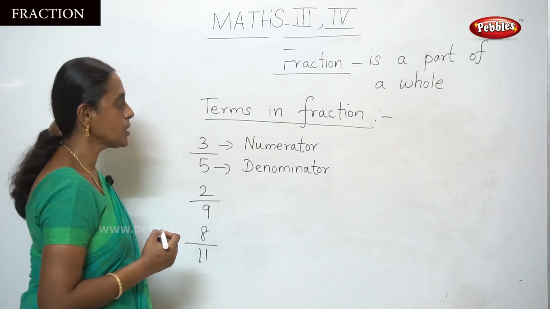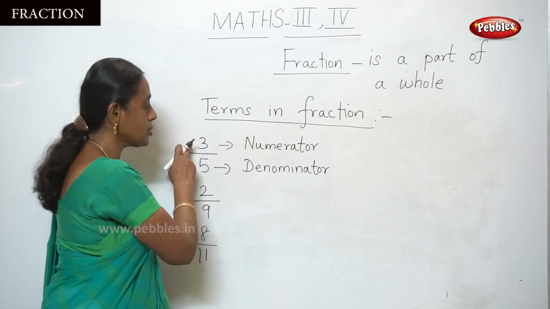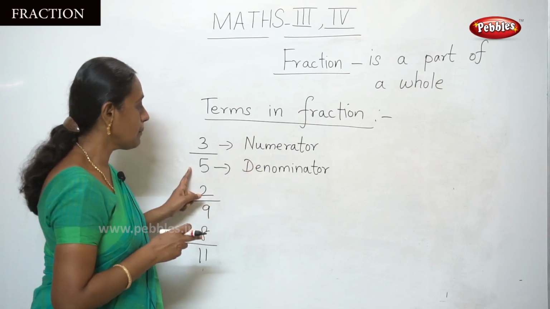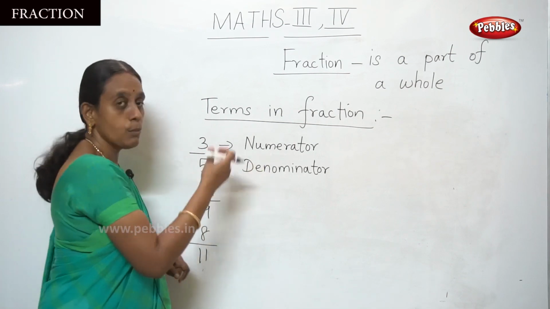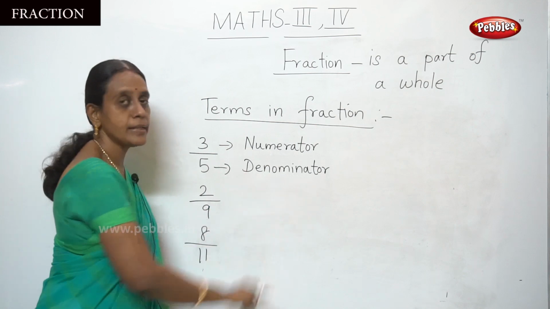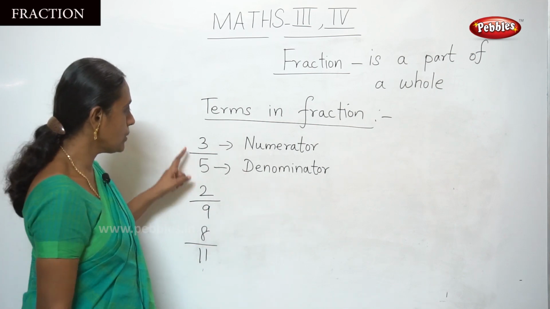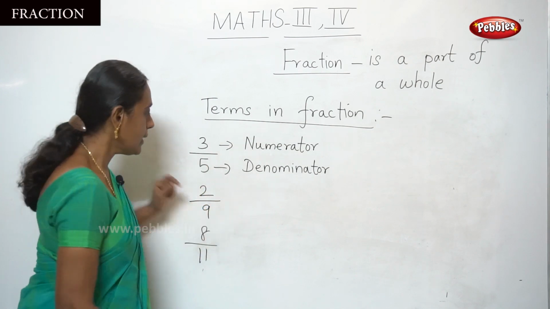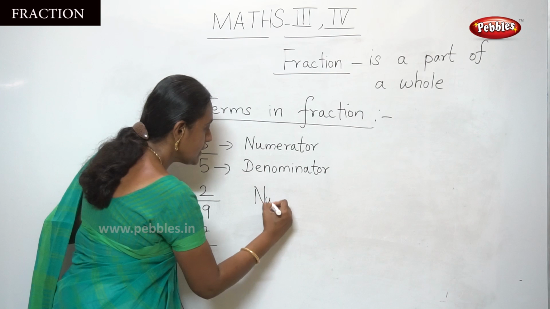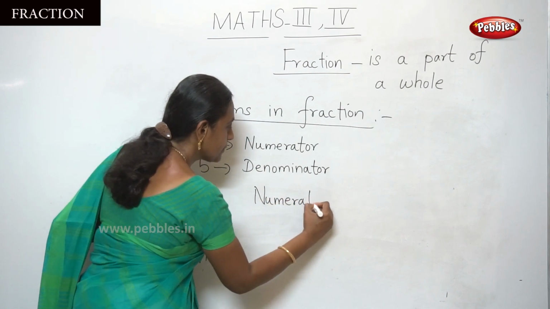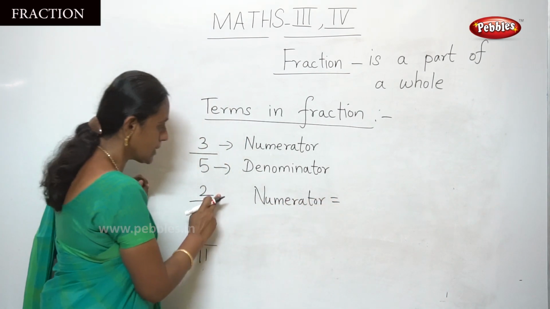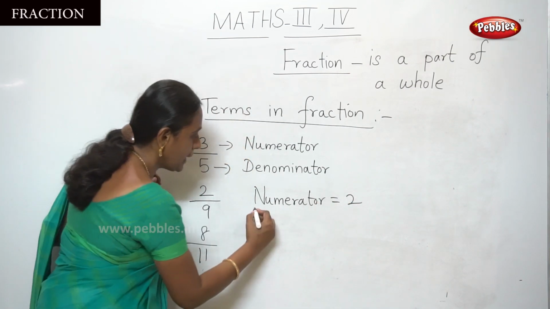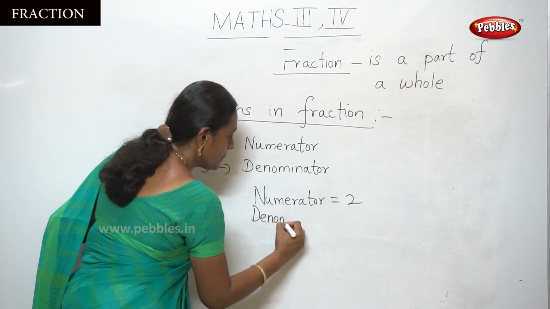Which are the terms used in fraction? The number written at the top is called the numerator, and the number written at the bottom of the fraction is called the denominator. Here the numerator is 3 and the denominator is 5. Here the numerator is 2 and the denominator is 9.